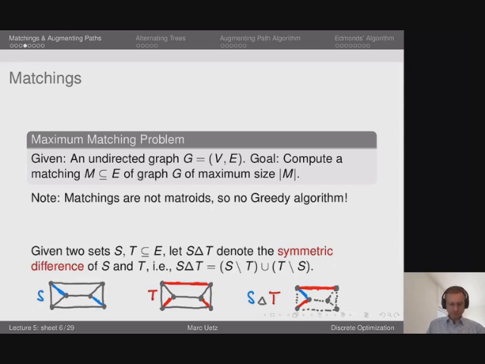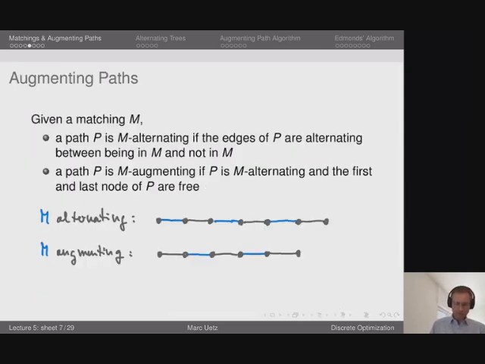So let us make the corresponding definitions. First of all, a path P in the graph is called M alternating for the given matching M if the edges of P are alternating between edges from M and non-edges of M. Okay, so that would be an alternating path where we alternate between blue matching edges and non-matching edges.